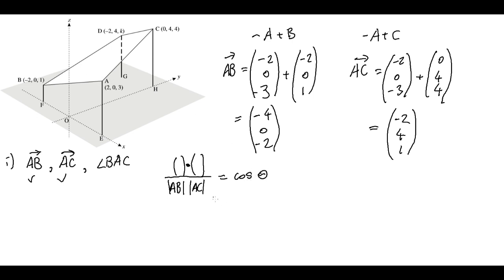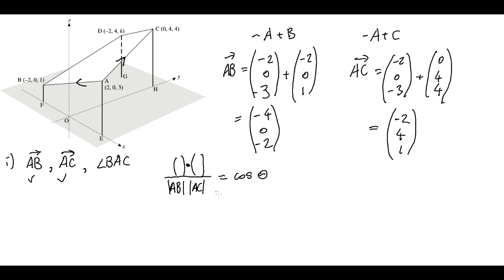So this only works for directional vectors pointing away from the point where the angle is, and it always measures the minor angle, the smallest angle in between.